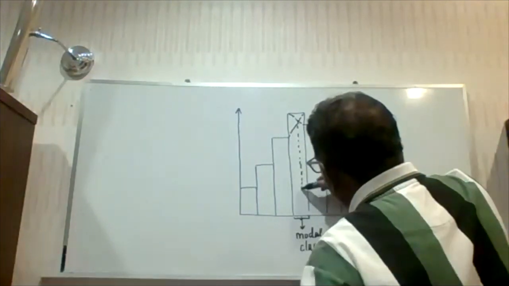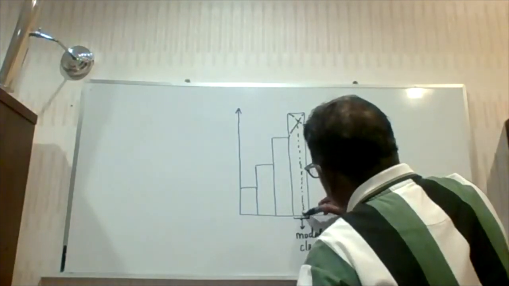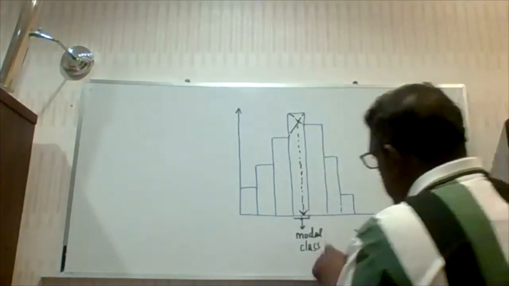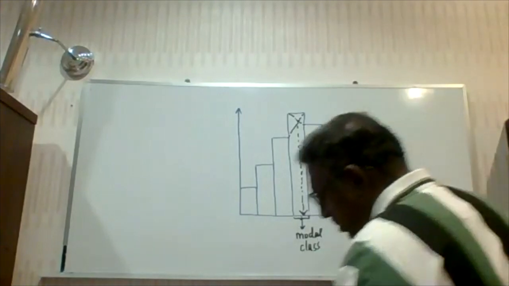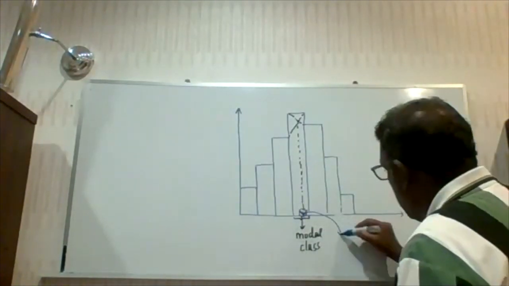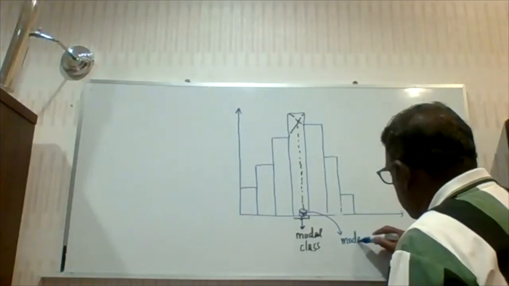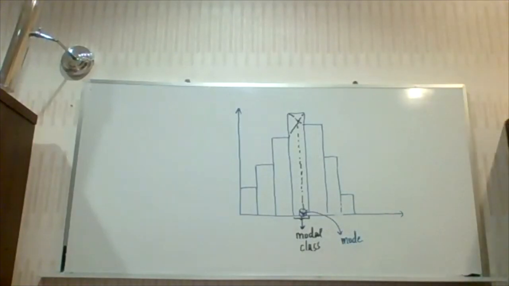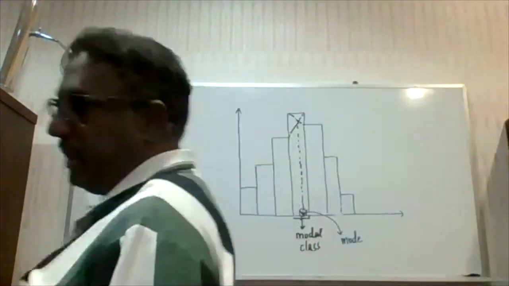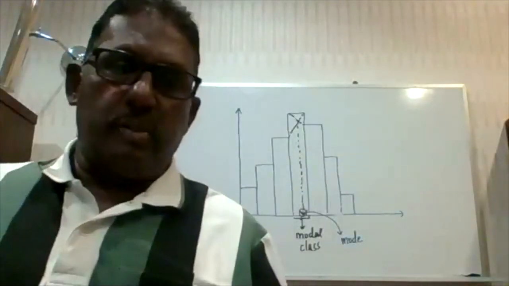Normally you draw this on a graph, so you have your values here. That's your mode. This is your mode value. So that is how you find the mode using a histogram graph. So that completes our lesson today.